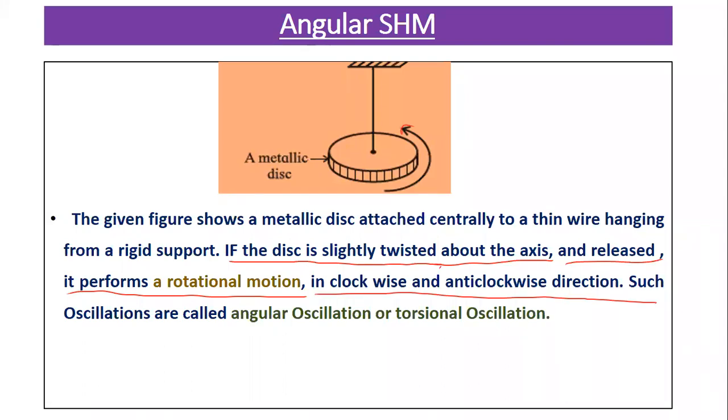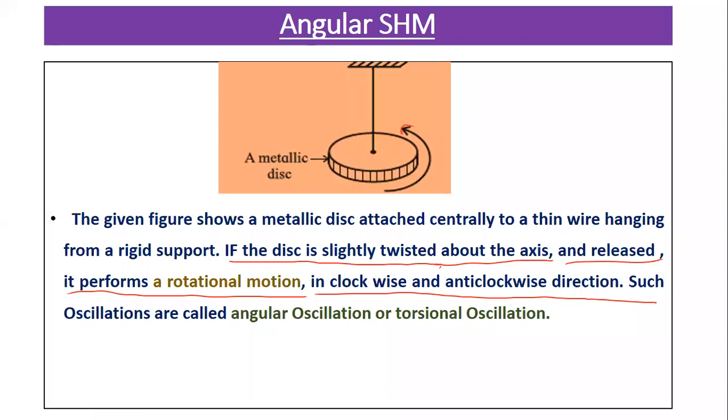You know that when we pull the bob of a simple pendulum towards one side and release it, it starts moving to and fro about its mean position. Similarly here, once we turn this disc slightly, it starts its motion, clockwise and anti-clockwise.